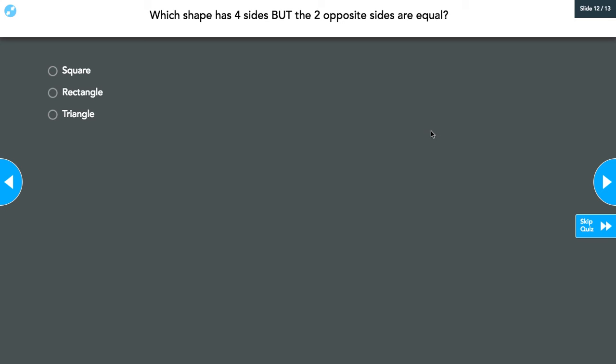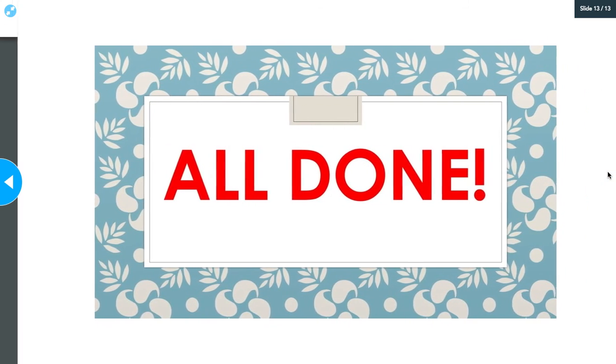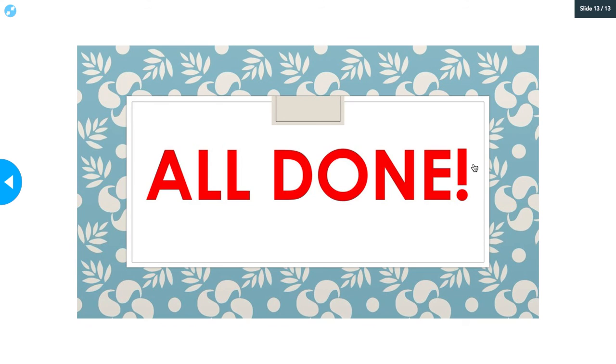You're going to read which shape has 4 sides, but the opposite sides are equal. The square, the rectangle, or the triangle. The students will then answer the question, and you will be all done with the assignment.